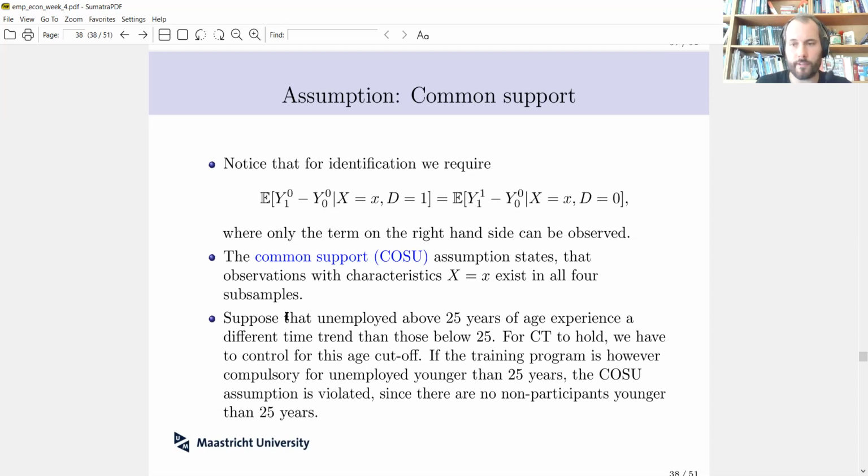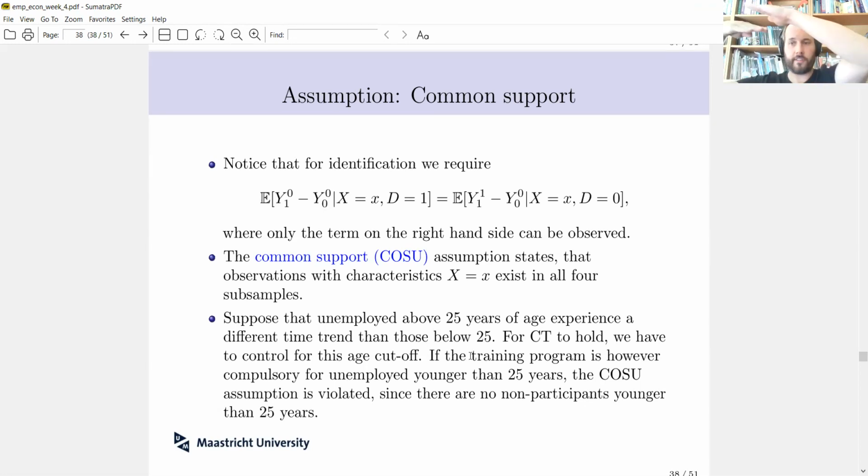So this can of course also be violated. In our job training example, it would, for instance, be that people that are older than 25 experience a different time trend than those below. Maybe with the growing economy, the people that are a bit older benefit more. So the common trends assumption would not hold if I do not account for the age. Now I account for the age, for this cutoff at 25, by putting, for instance, a dummy variable in there.